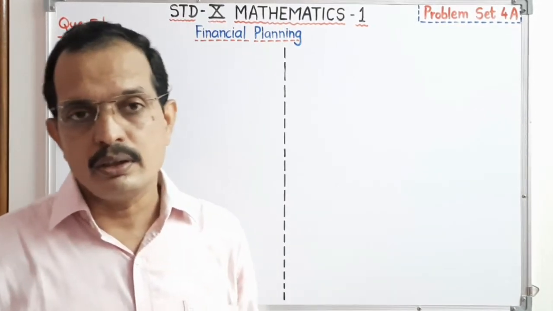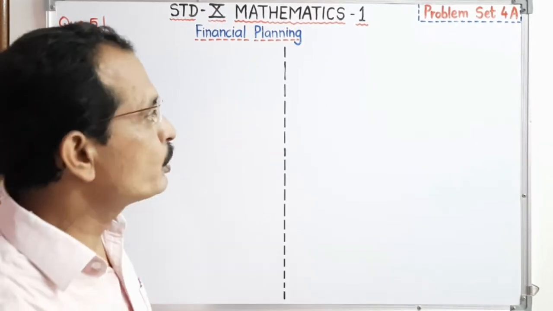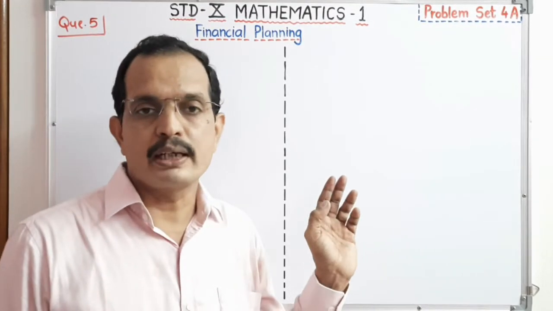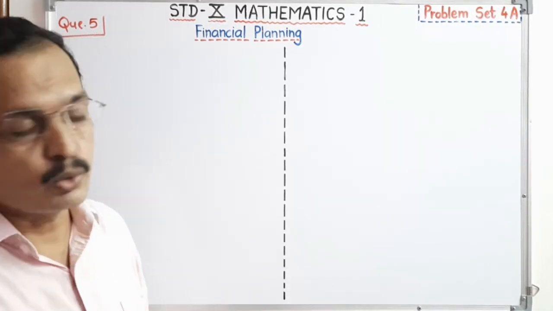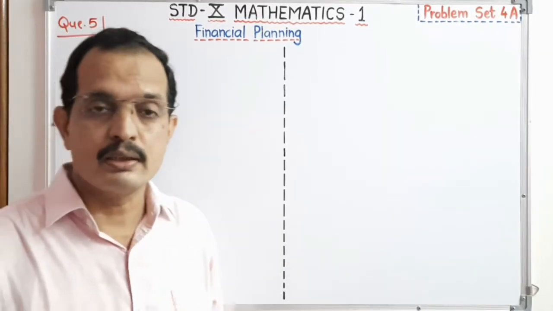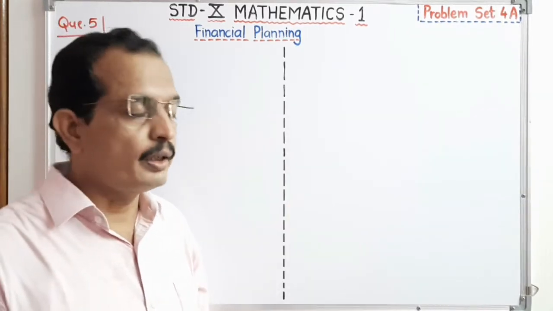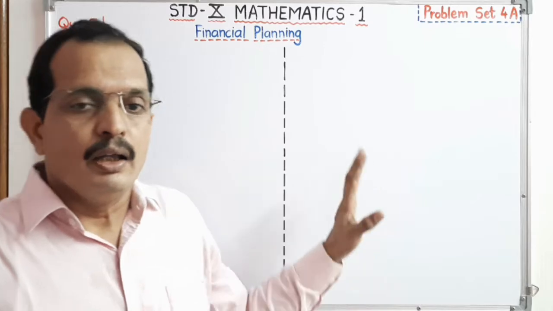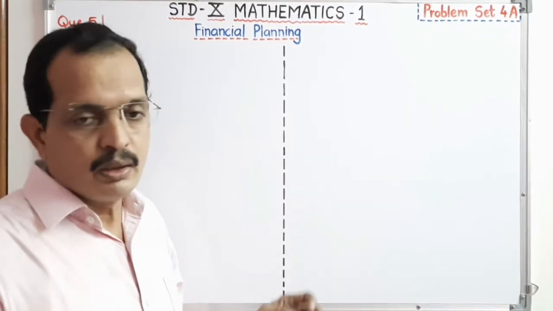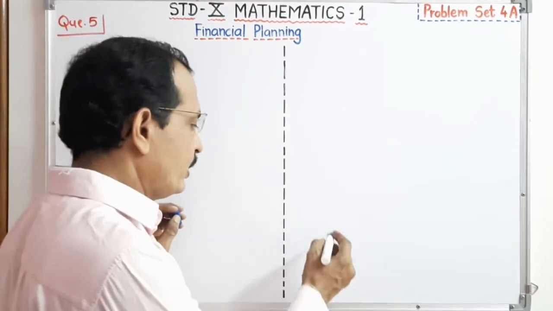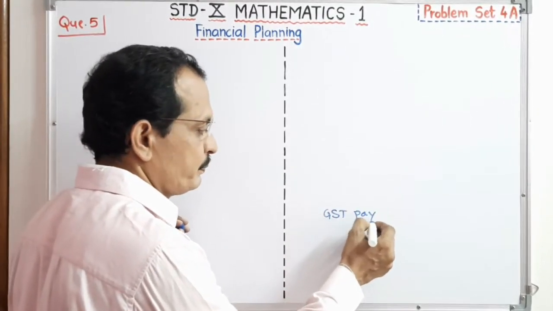Dear student, in the last video we learned what is input tax credit, what is output tax credit and how it is calculated. If you have doubt, then go to that video and watch that. You will come to know how to find out the input tax credit and output tax credit. Now see here, we have to find out the GST payable.